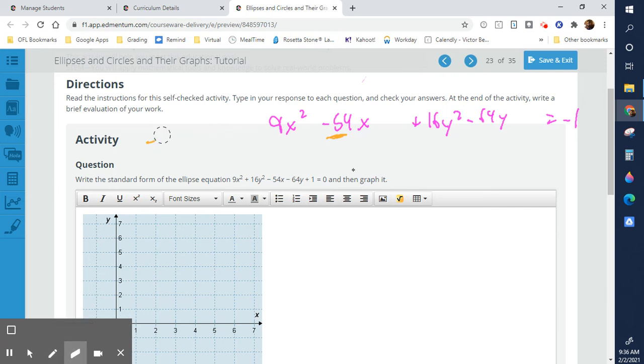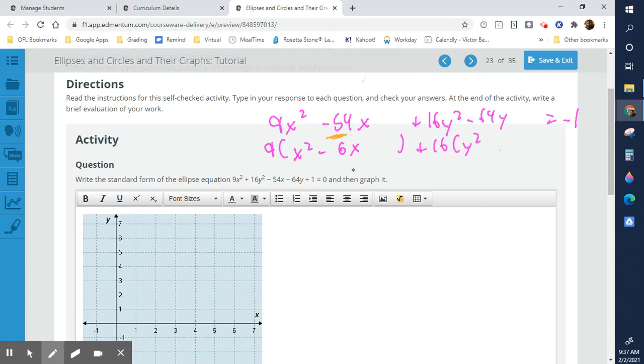Before I even do that, I forgot I have to factor out. So I want to factor out this 9. That gives me x squared minus 5x, and this is a good reason to do this. It really makes the numbers a lot simpler to do. And then plus 16 times y squared minus 4y.